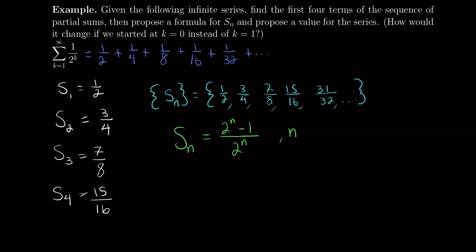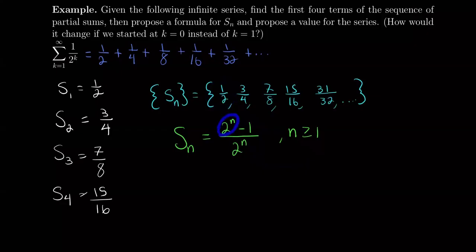And remember, you should always think about what you're starting at. I started counting at 1, not because my series counted at 1, has nothing to do with that, but because my sequence of partial sums started counting at 1, and we should double check that it works. Plug in 1 into the formula that you are proposing and make sure that you get 1/2. If I do, then I'm good.